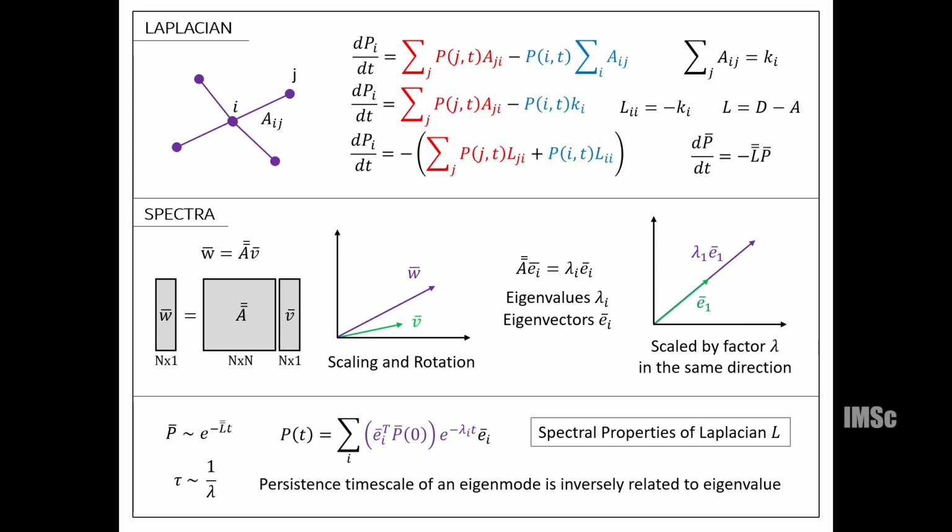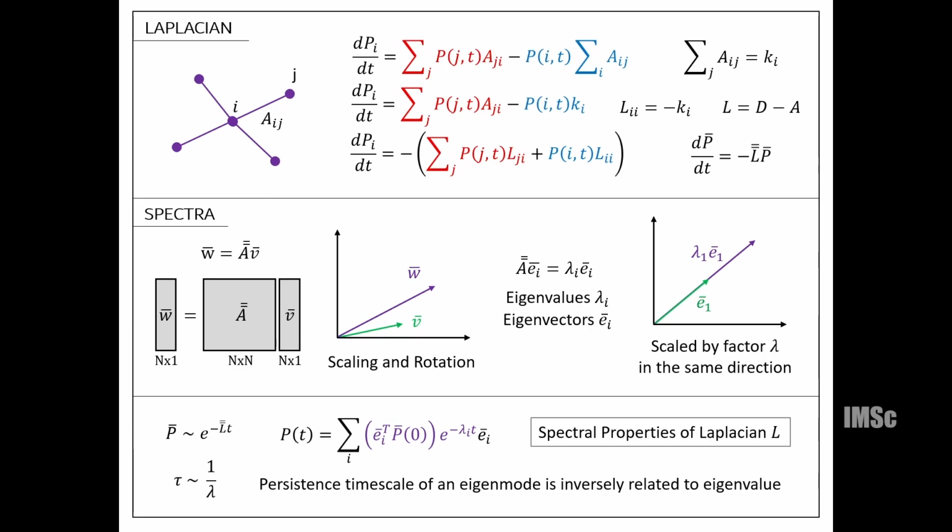There is no self loop. But for a Laplacian, I can define it as minus Ki, the degree of the node itself, right? So this equation can be compactly represented in this form. I've somehow incorporated these two terms in the same matrix, and this matrix is what I'm calling the Laplacian.